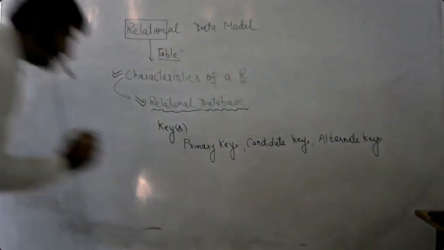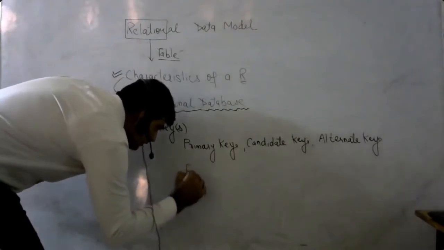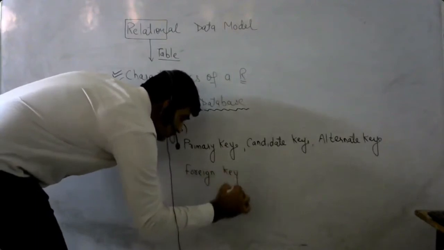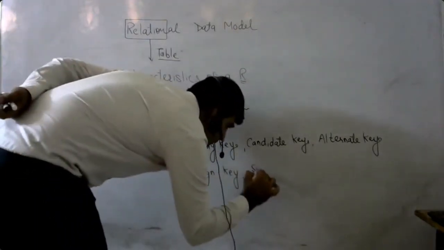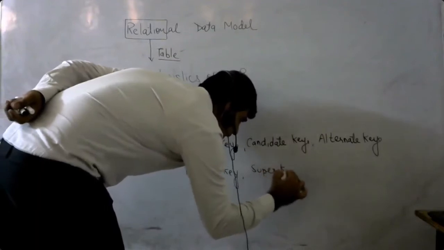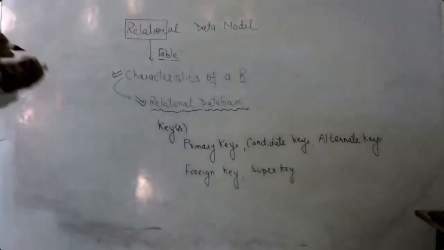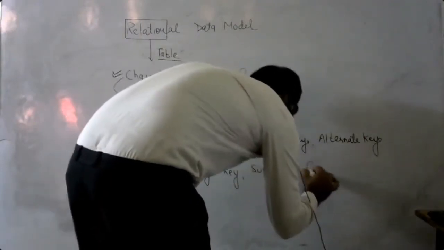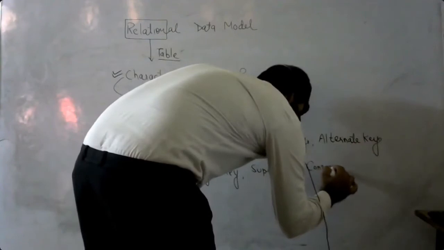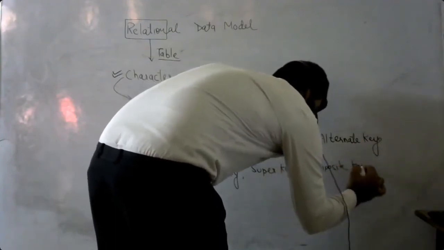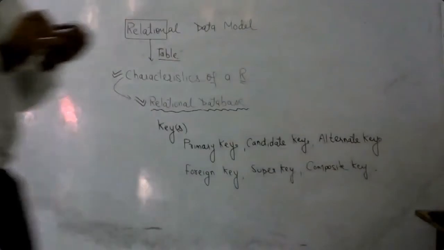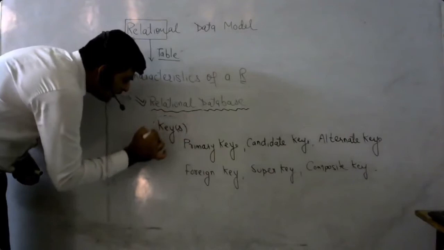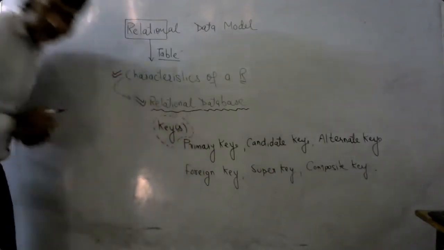Then foreign key. Super key, and its part, minimal super key. Then we will cover composite key, and likewise many more.